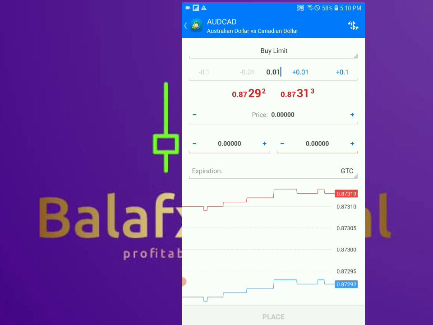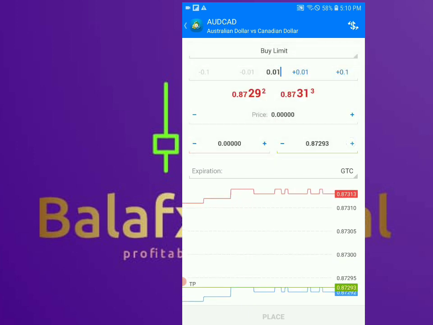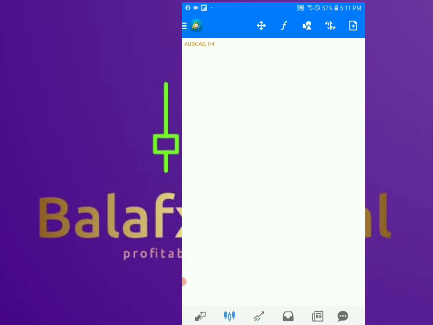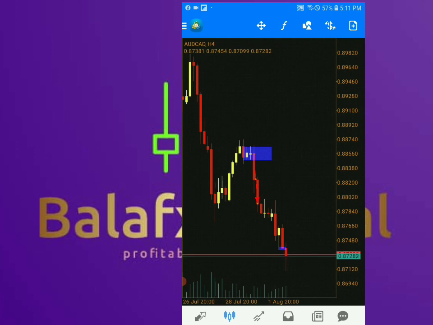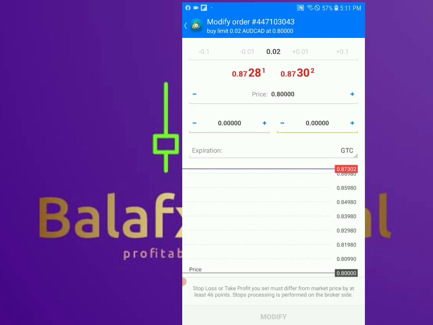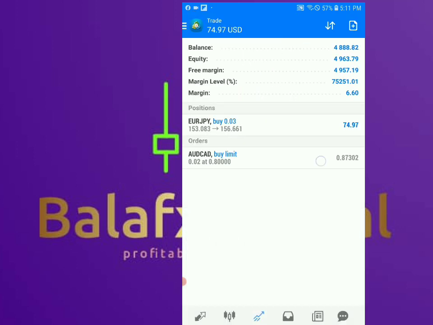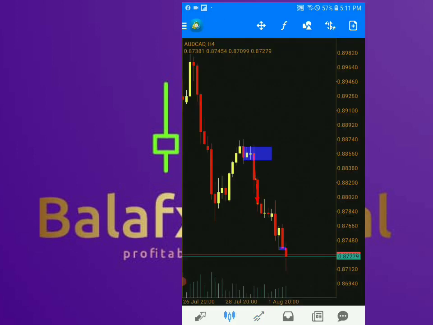Buy. I can buy from there. 87634. 87660.